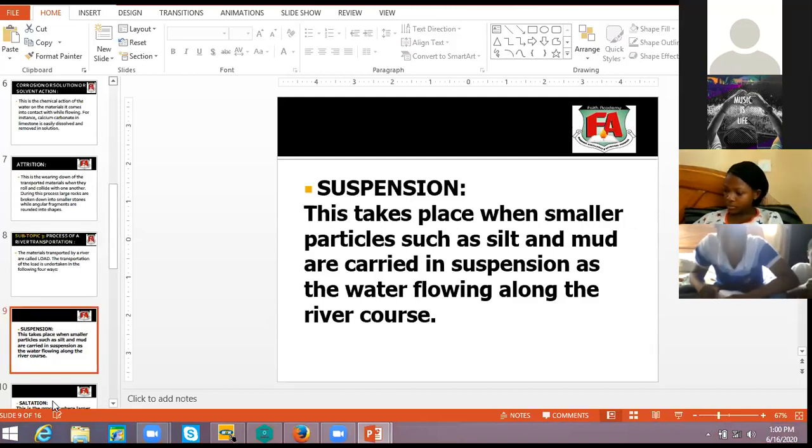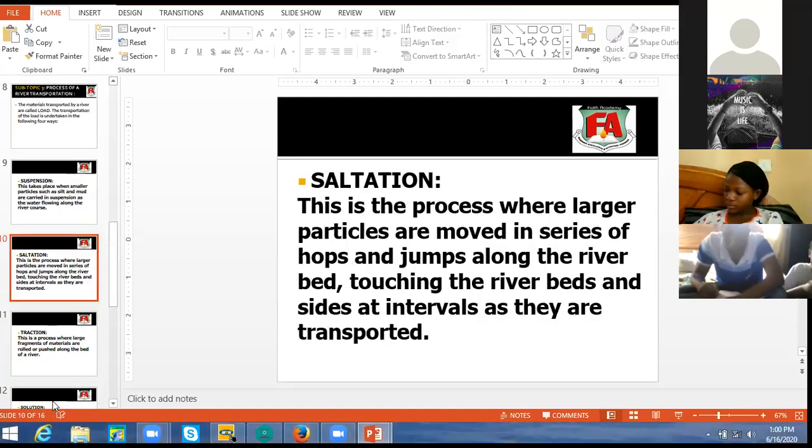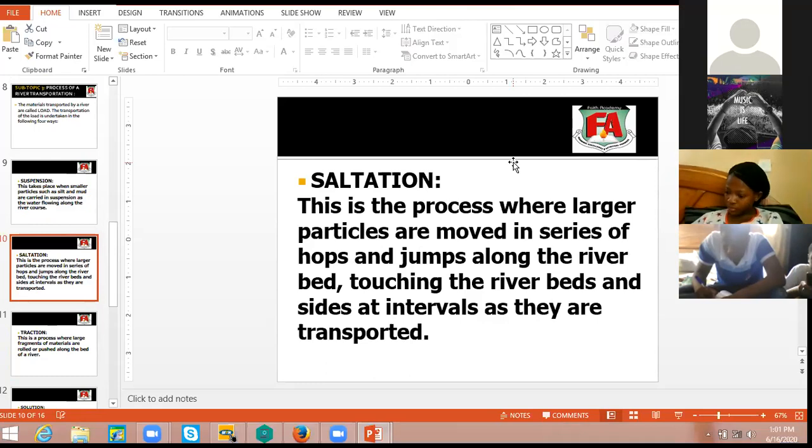Now for saltation, this is the process where large particles are moved in a series of hops and jumps along the river bed, touching the river bed and sides at intervals as they are transported. When particles are moved in series, just like the way a horse moves in hops, you see them as if they are jumping.